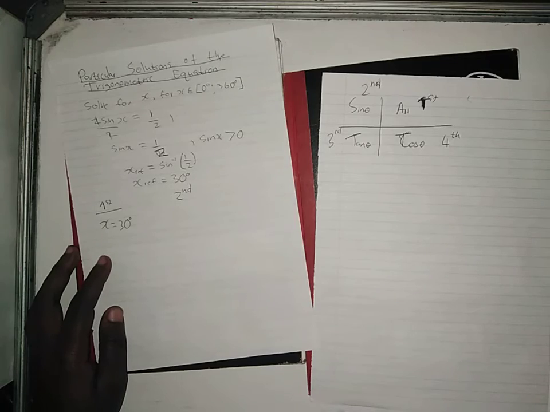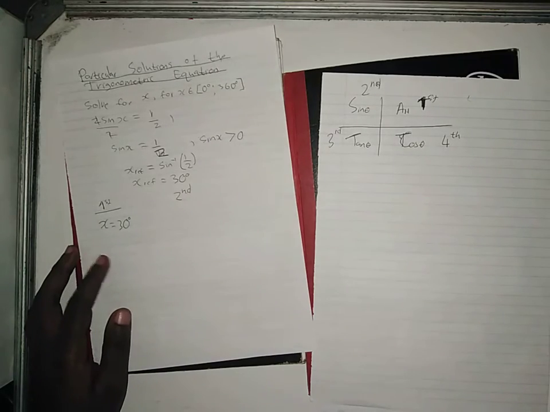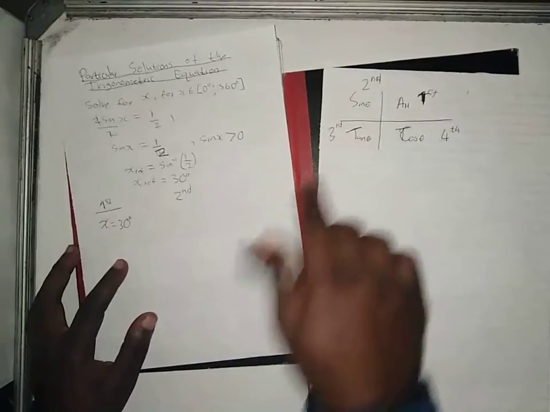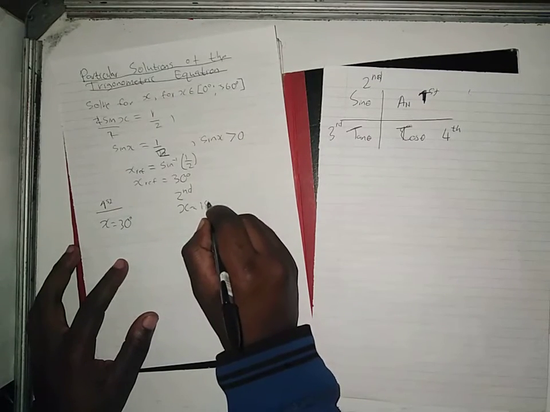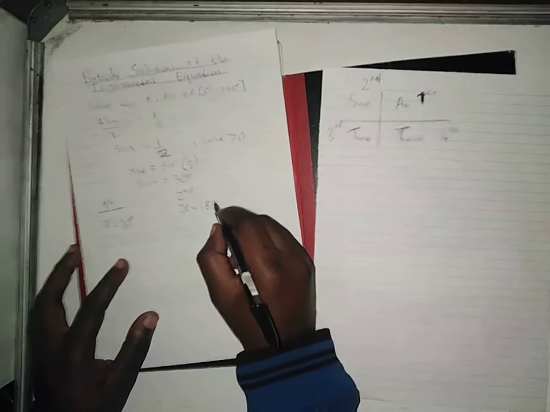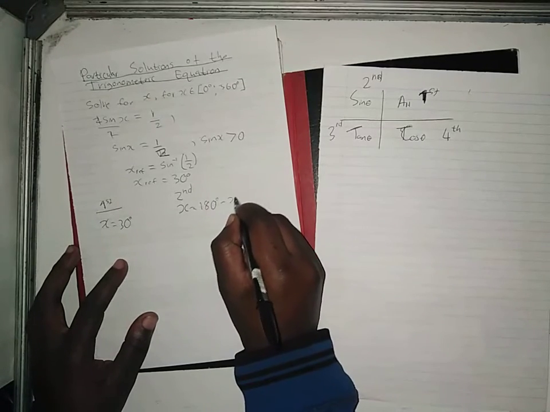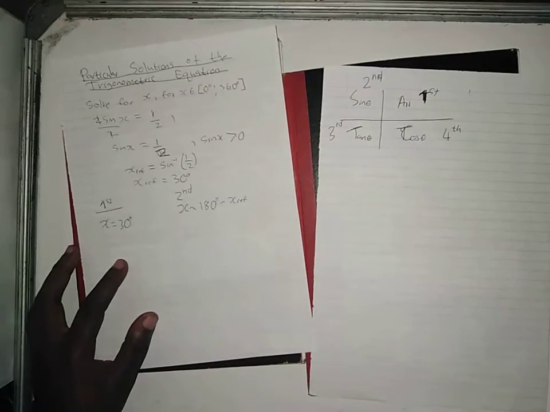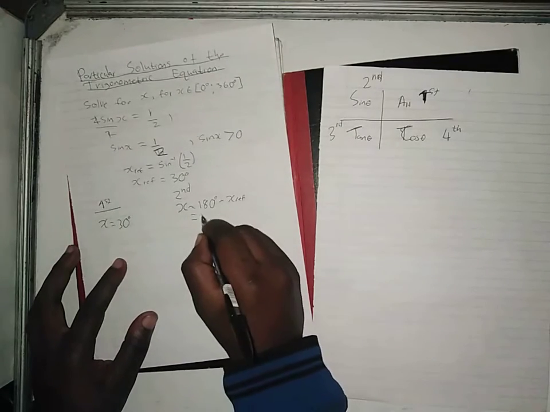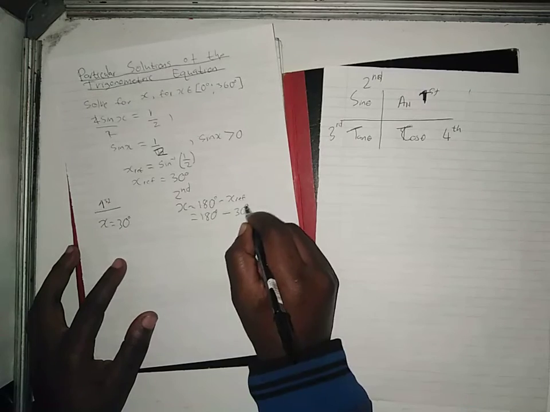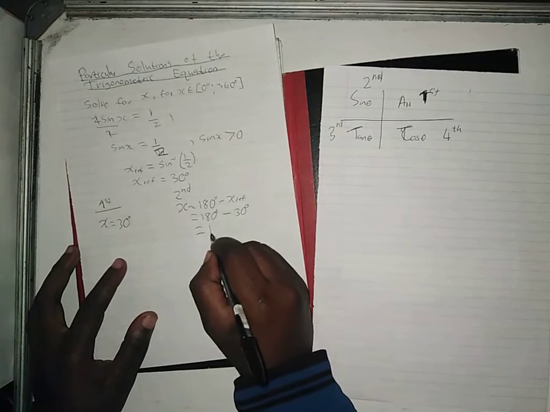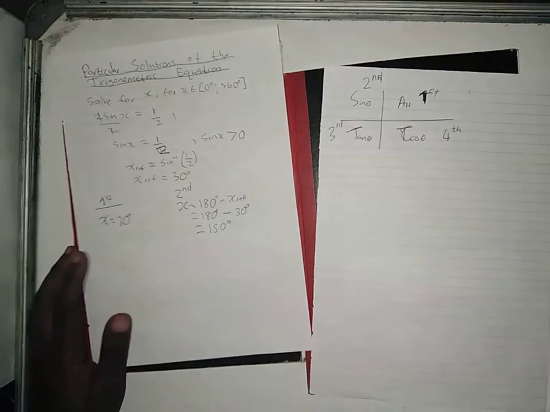And then in the second quadrant, x is equal to 180 degrees minus x ref, which is 180 degrees minus 30 degrees, which is nothing other than 150 degrees.